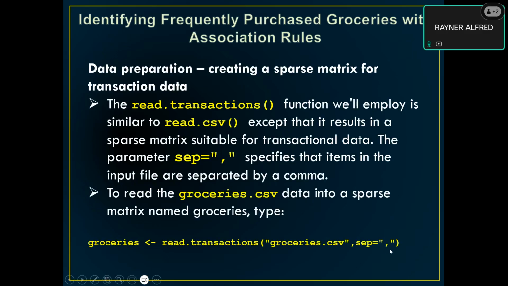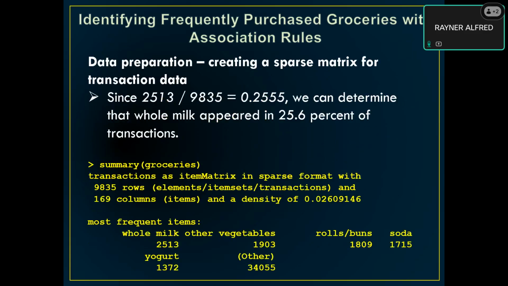We read the transaction, meaning that we tokenize our items. We use the comma here as the separator. And if we look at the summary of the grocery here, we have 9,835 rows, which is the number of transactions, and we have 169 columns.